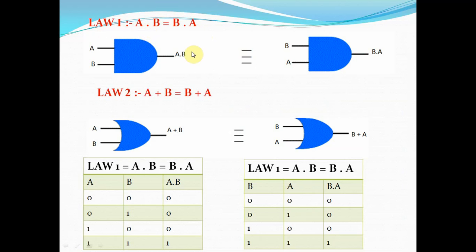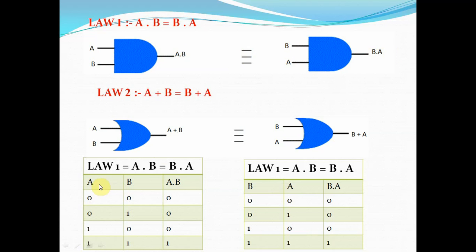What the commutative law says is that the order of variables doesn't matter at the output. For example, here the input is a and another input is b. What is the output? a b. Here the input is b and another input is a, and the output is b a. Just check once again.